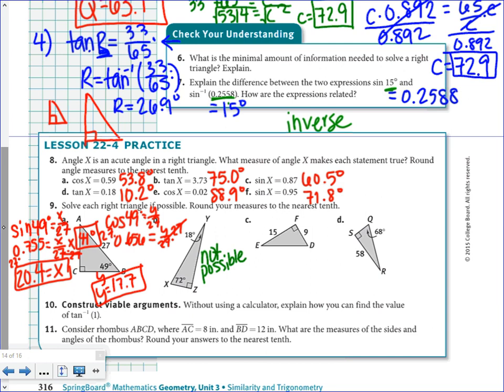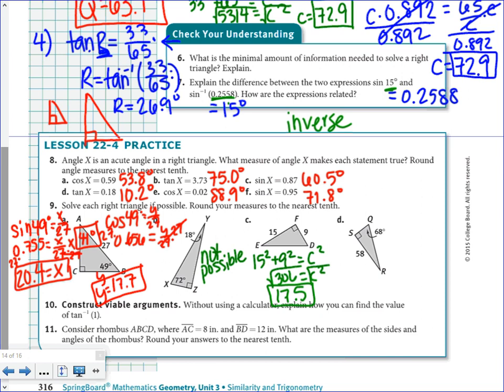If you want to use Pythagorean theorem, 15 squared plus 9 squared equals c squared. 15 squared plus 9 squared is 306, and so the square root gives you 17.5. If you wanted to do that for your side length, you absolutely could. Even though we're dealing with trig, you can still use Pythagorean theorem.